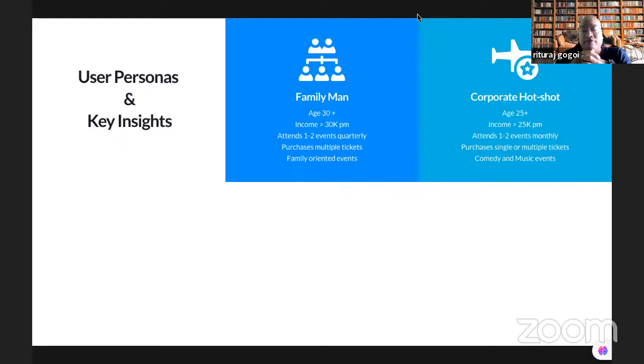In terms of purchase behavior, they normally purchased either single tickets or even multiple tickets. And the kind of events they were more interested in were comedy and music events.